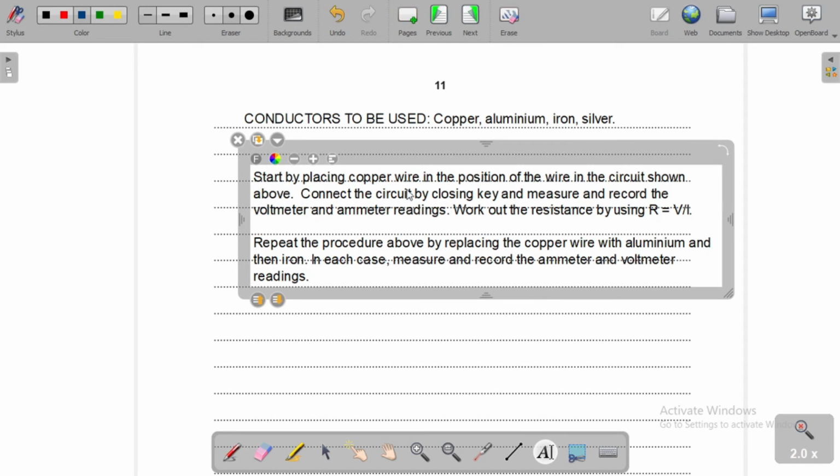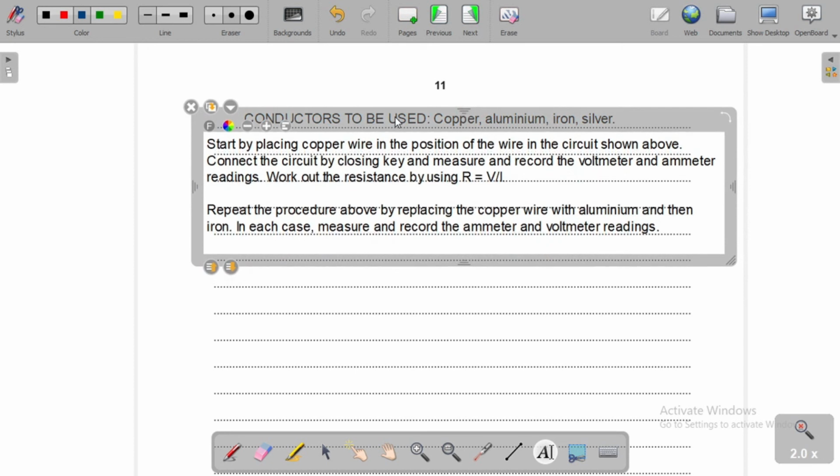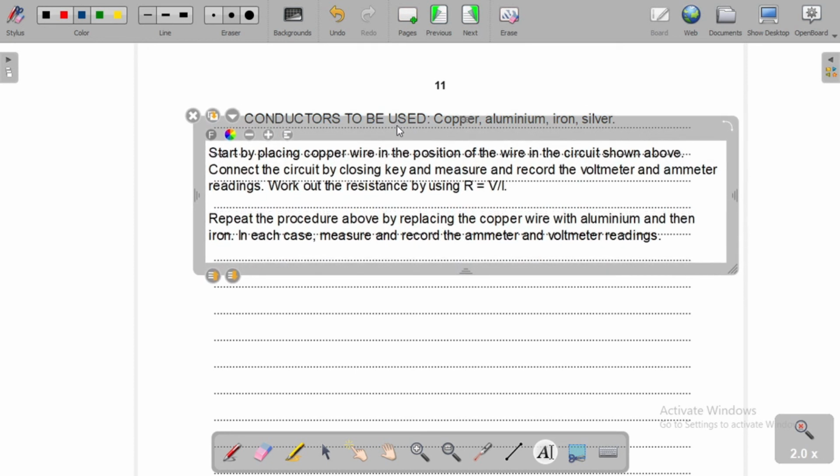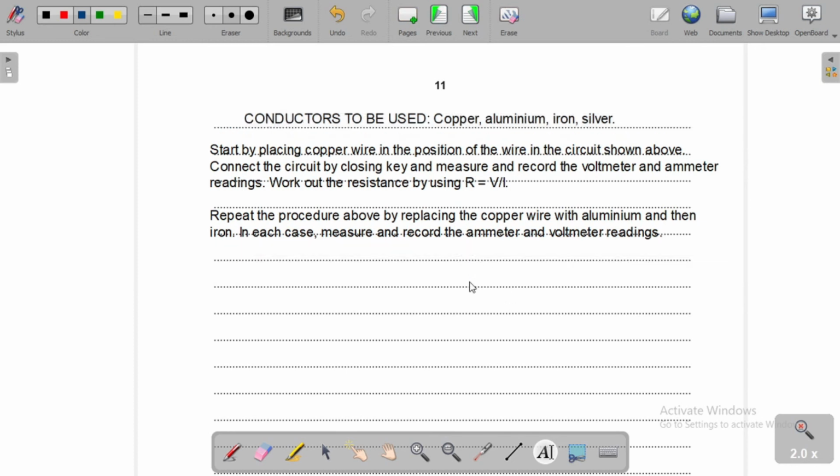Okay, this is how to carry out the experiment. That's what I've just explained here. Let's look at the next thing that we are asked to do.